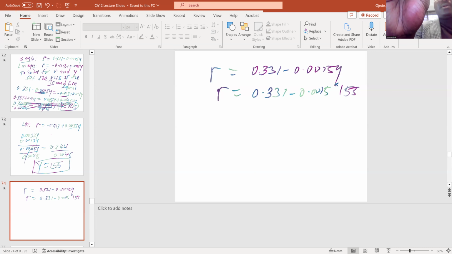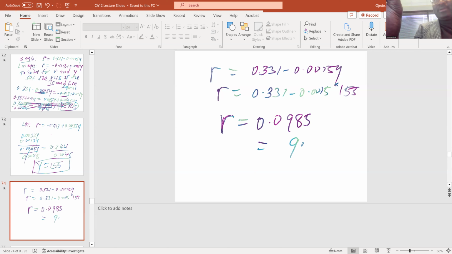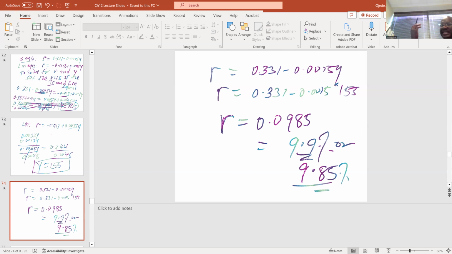Yes, so you get R equals 0.0985, which is the same thing as about 9.9%. Or you can say, if you don't round, it's going to be 9.85. One decimal point to 2 decimal points, I'll take all that. Whatever you round it to, that doesn't matter.